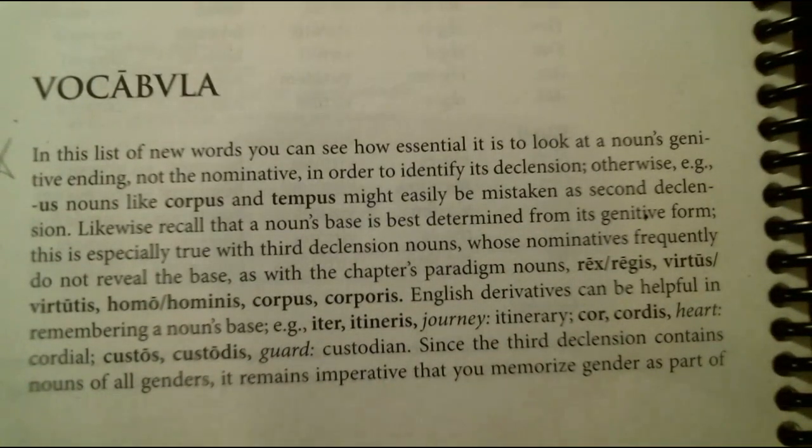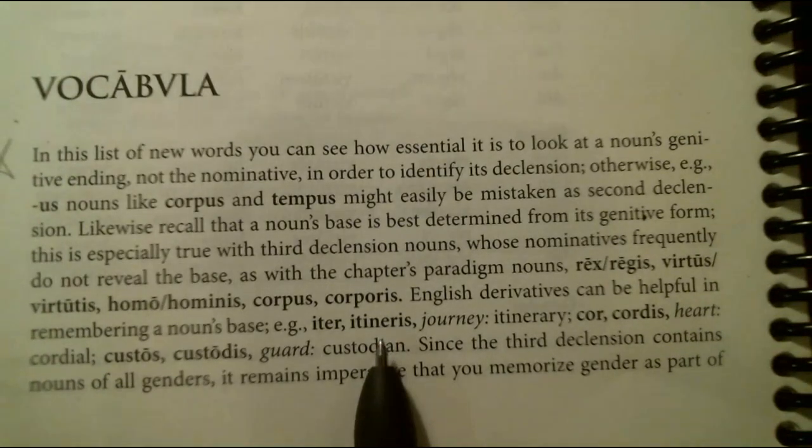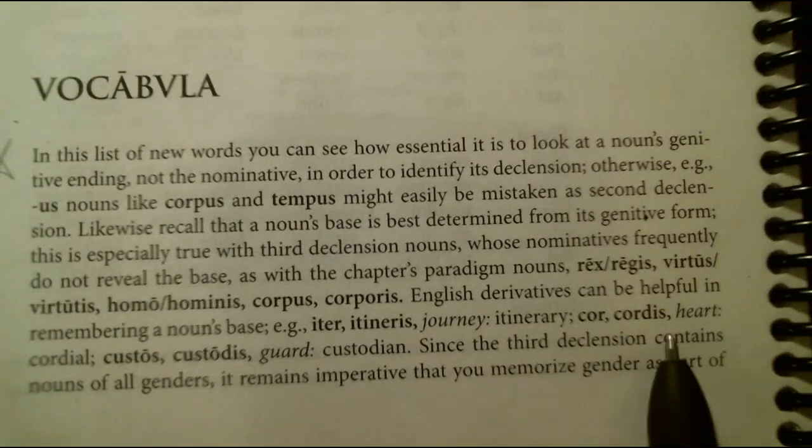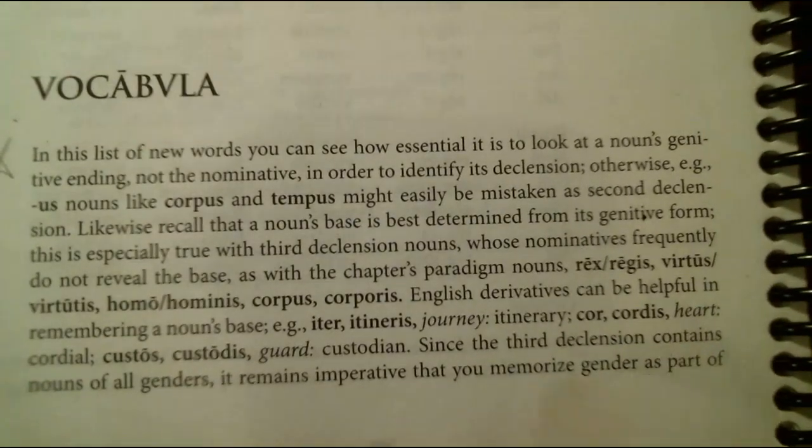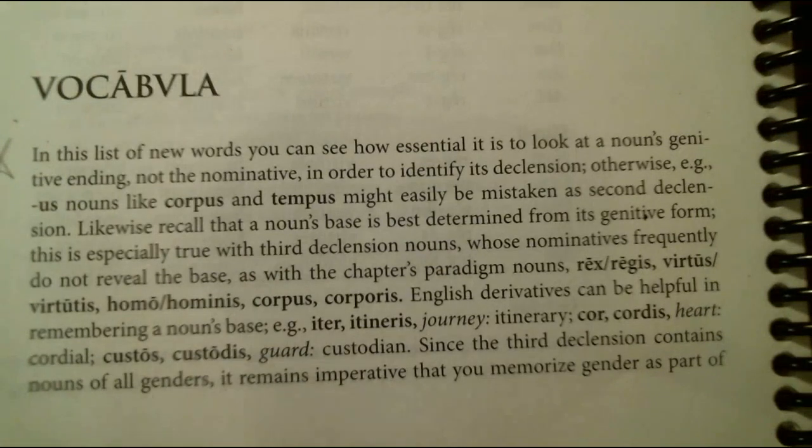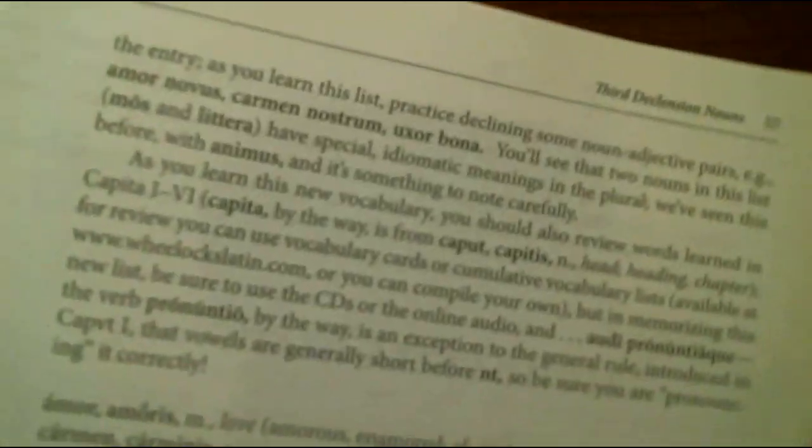So sometimes English derivatives will help you remember the root of a word in the memorization process. So, cordis, heart, cordial; custos, custodis, guard, custodian. Since the third declension contains nouns of all genders, it remains imperative that you memorize the gender as part of the entry.